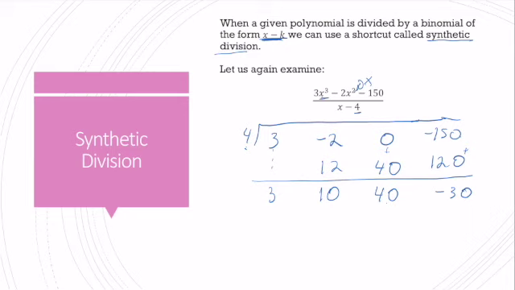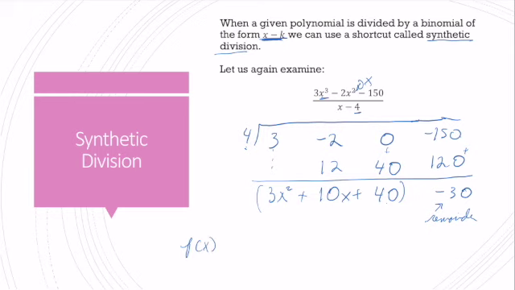So this was a degree 3. Then this is going to be a degree 2 because we were dividing, a degree 1, our constant, and then this right here is my remainder. Doesn't that look really familiar? That we would get 3x squared plus 10x plus 40 as a factor, and this was our remainder.